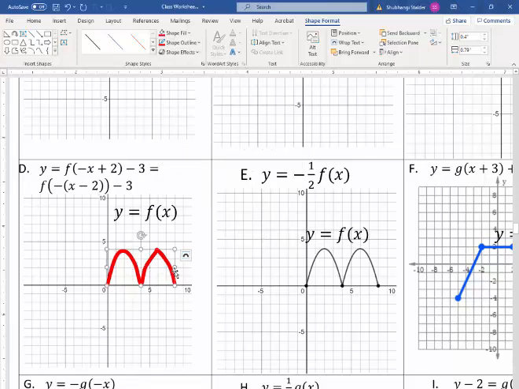So you're going to flip it to the left, like that. But also you're going to shift it from the 2 because it went right 2 and down 3. Then down 3, right? Yeah. Okay, so it'll be like that. Thank you.